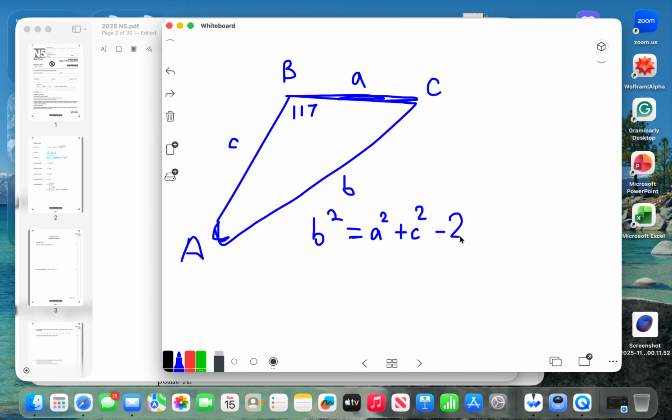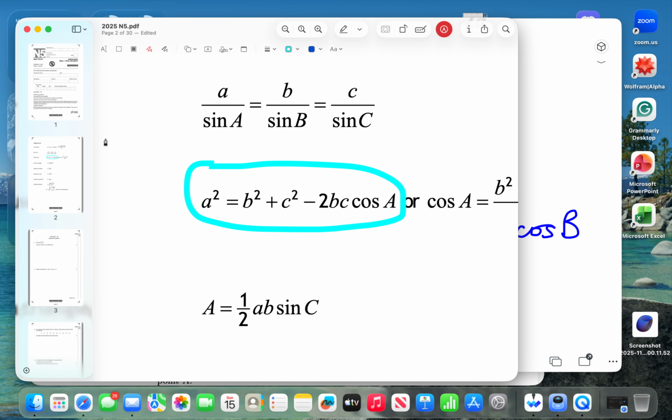So 2AC cosine of B. Do not always copy the equation as it appears on the sheet, because you might have to modify it. This angle might not always be angle capital A, it's the angle that you know, and it should be the capital letter, i.e. the angle that's opposite the side that you want to find out.